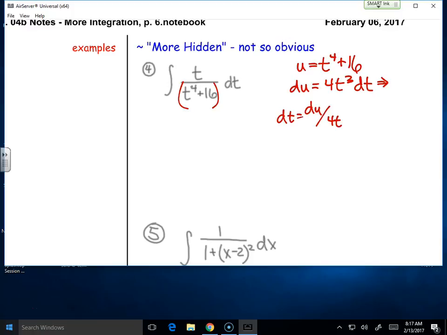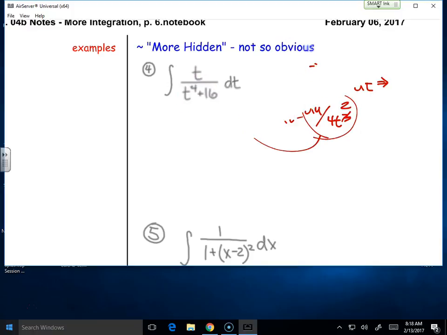Now, does that mean it's totally awful? No. But when we go to plug in, one of the t's is going to go away with one of these t's, right? So we could say, hey, let's solve for t squared. Ew. Let's not do that. I don't mean that that's never the answer, but in this one, it's not. We rarely want to do integration on crack going back and solving for something where we have to square root. That is rarely the answer.